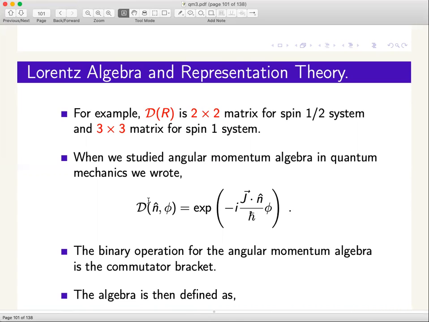So what we want to do is to convert this D into an infinitesimal element. The infinitesimal element would be arrived at by taking phi to be small. So imagine that phi is a small quantity, denoting that as delta phi, say. Then you could expand this exponential and write that as 1 minus J vector dot n hat upon h bar times delta phi.